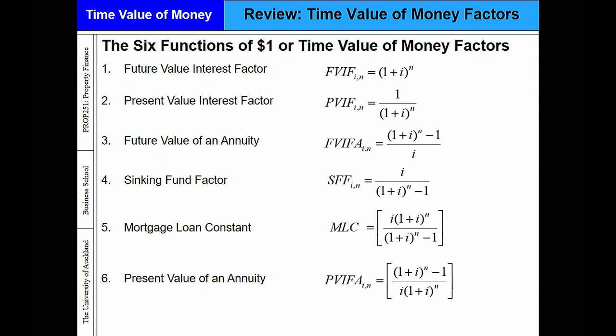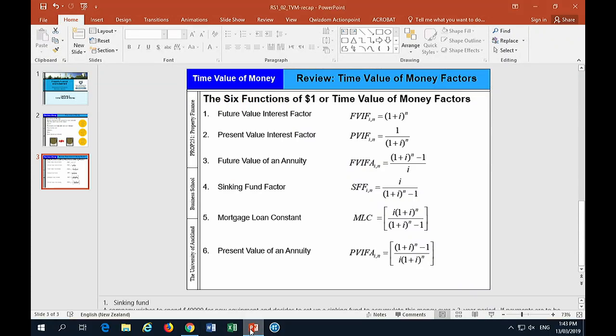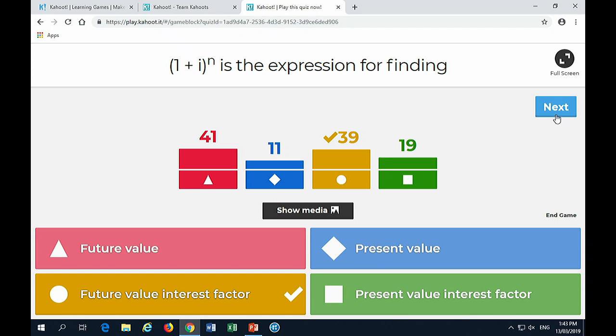Whenever you're calculating interest factors, future value interest factors are always greater than 1, and the idea behind it is that you're compounding, increasing something from present to future. With the present value interest factor, you're discounting, so you multiply that future value by a factor that is always less than 1. So this expression is purely just the interest factor.